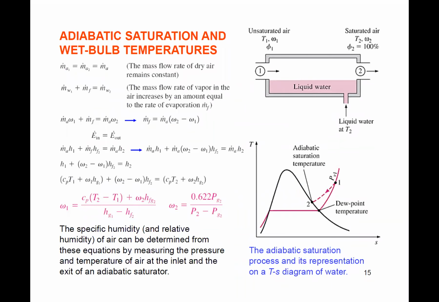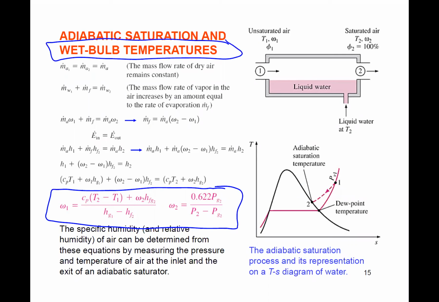And then this is where we derive the equation for the wet bulb. If you have the wet bulb temperature, which is T2, you can have an equation that gets you the humidity at T1. It's a hefty equation with lots of property lookups.